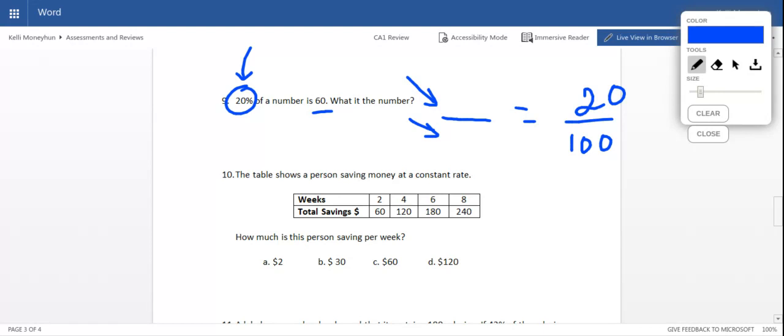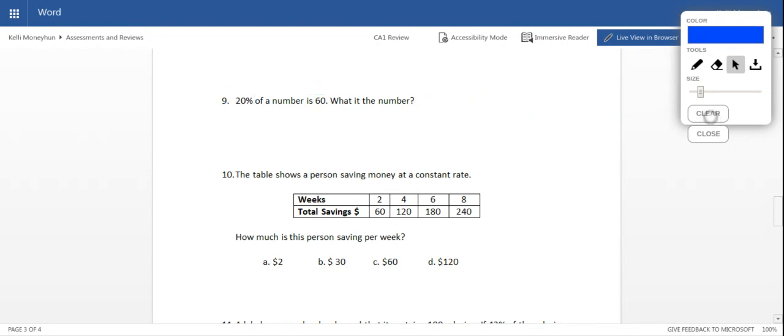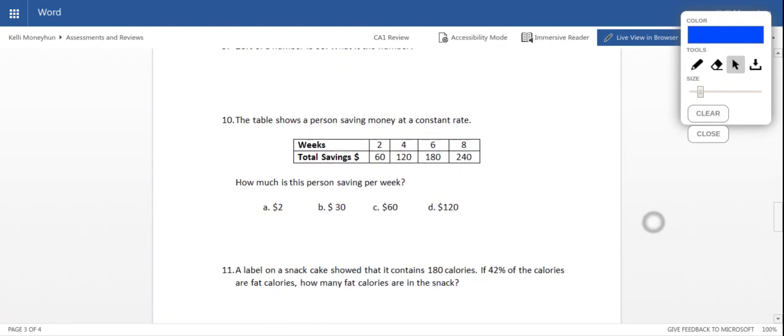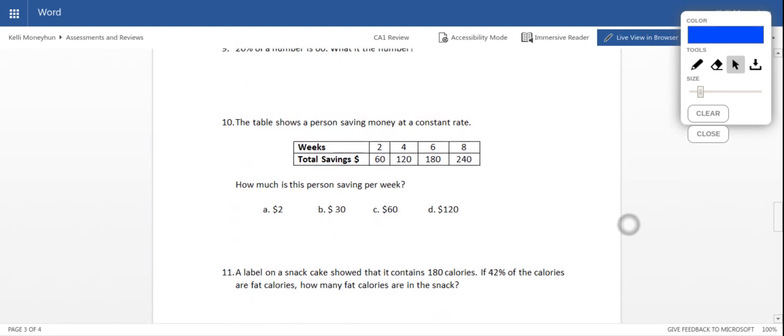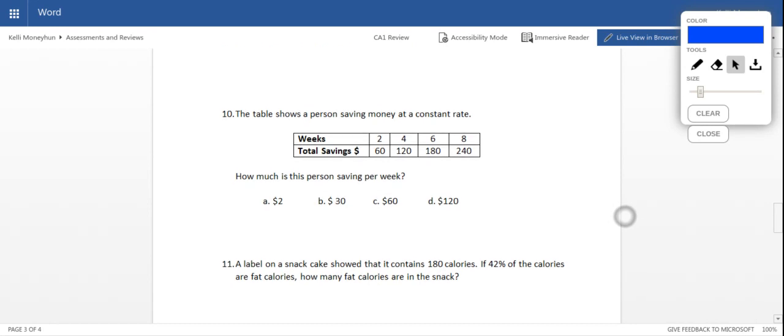So this is going with 60, which means it's my part, which means my x is the total. Okay, cross multiply and then divide. Pause and solve.